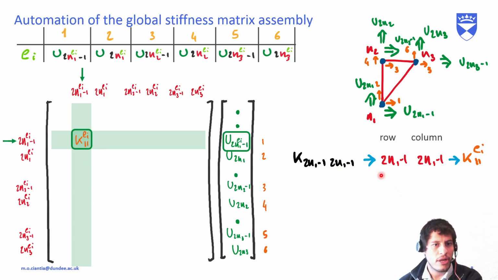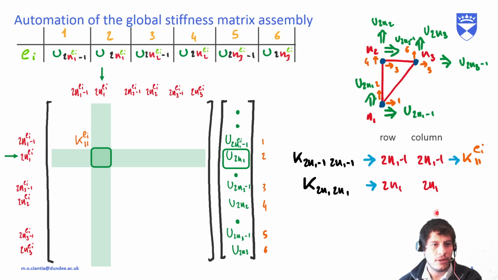Now, another question: where are we going to find k 2n1 2n1? Well, where are we looking at? We're looking at this position, okay? So look at the subscript here, 2n1 2n1. So it's going to be on row 2n1 and column 2n1.